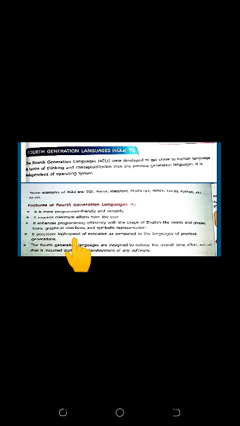It possesses high speed of execution as compared to the languages of previous generations. The fourth generation languages are designed to reduce the overall time, effort and cost incurred during the development of any software.